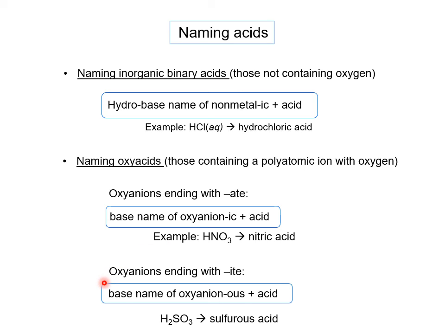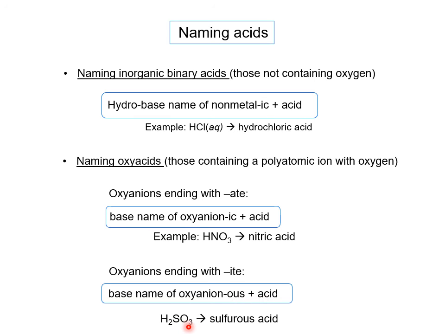And then for the ones where the acid contains a polyatomic ion that ends in ite, for example, SO3 2- is sulfite. If it ends in ite, then we name it as the base name of the oxyanion, add the ous suffix, and then the word acid.